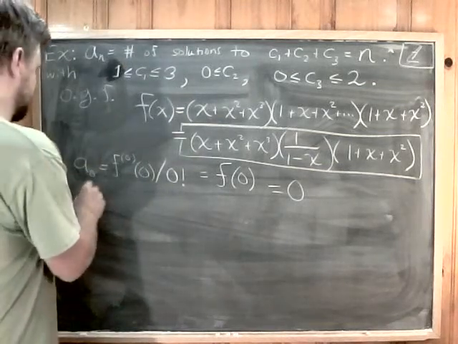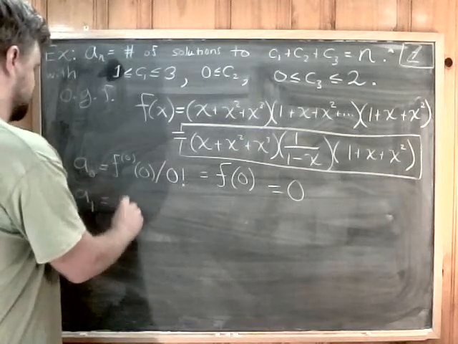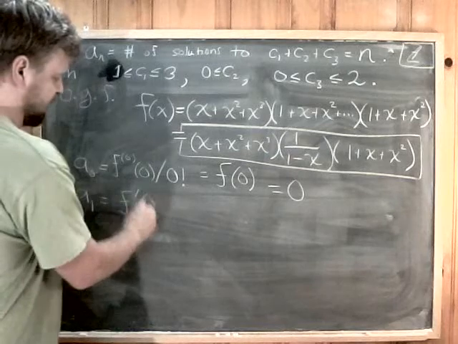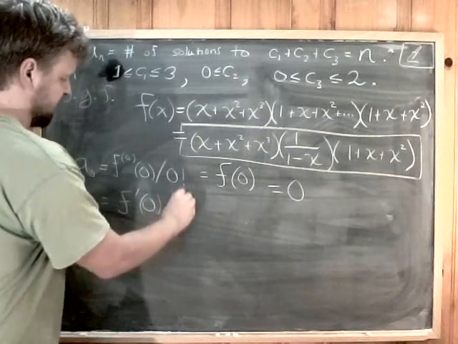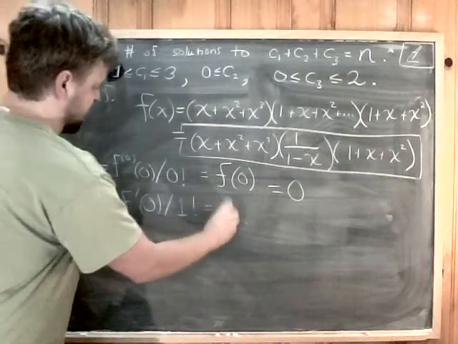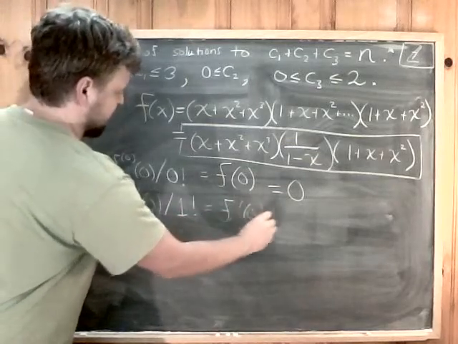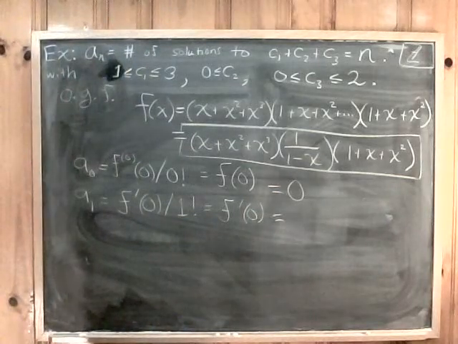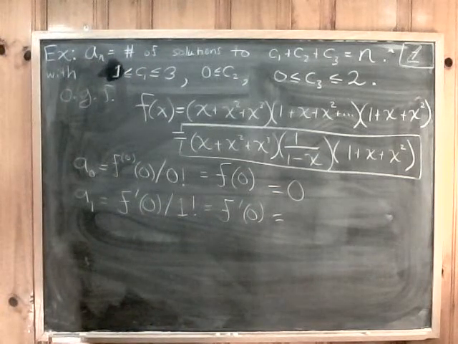So I bet a sub 1 will also be pretty easy. That's the first derivative, so you could just write f prime of 0, since we're just dividing by 1 factorial. Even that, I don't think I want to take the derivative on the board.